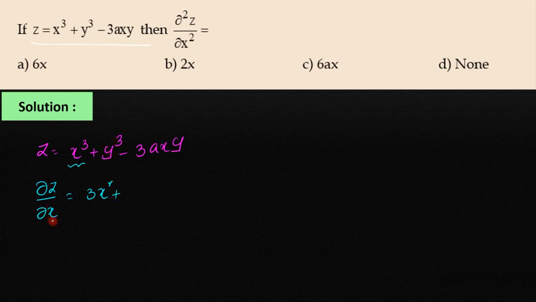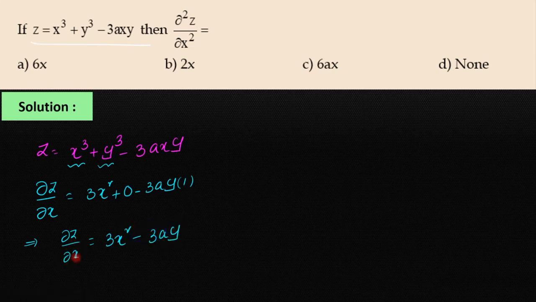Here partially differentiating with respect to x, so y as constant, so this is constant. Differentiation of constant is 0 minus here 3ay is constant. Differentiation of x is 1. This implies dou z by dou x is equals to 3x square minus 3ay.